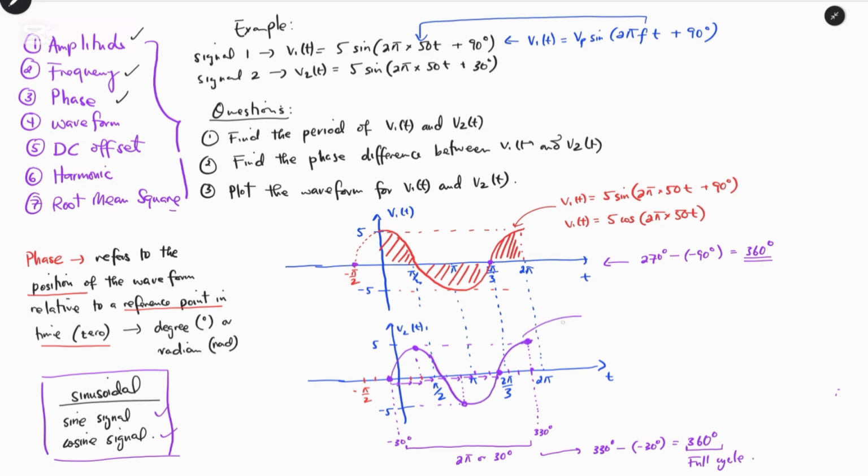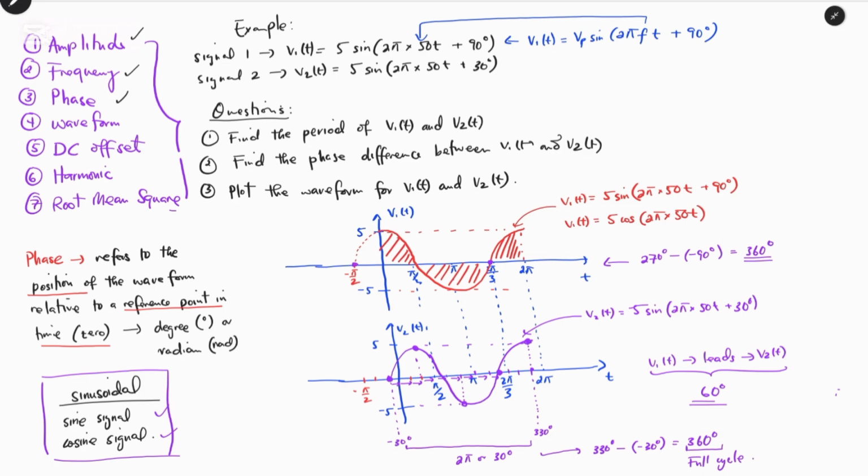And this is now our V2(t), which is equivalent to 5 sine(2π times 50t + 30 degrees). And we said that V1(t) leads V2(t) by 60 degrees.